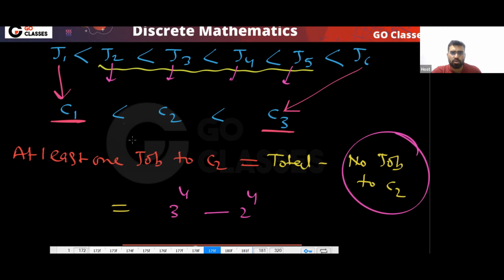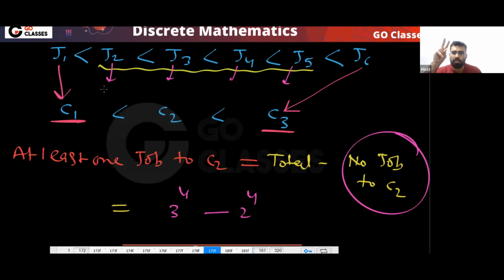So tell me, is this clear to everyone? This is a simple question. How 2 power 4? Because there is no job to C2. You are not giving any job to C2. It means all the jobs are going to C1 or C3. For every job, if you are not giving any job to C2, it means every job has 2 choices.